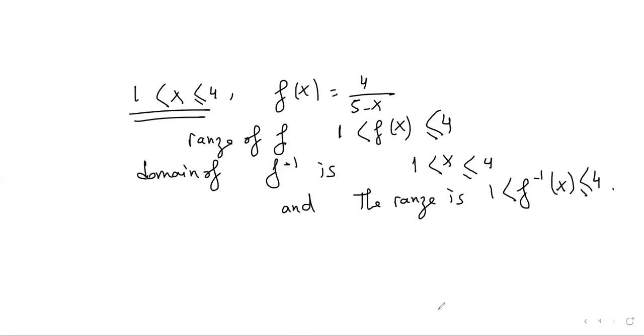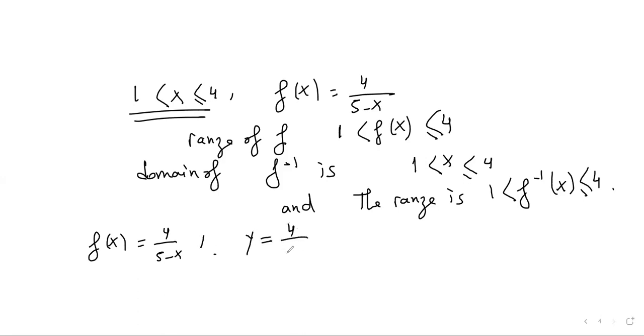Now I would like to get the expression of f^-1. So f(x) is equal to 4 over (5 minus x), and I know that x is between 1 and 4, so I have no problem with this fraction. It's well defined.